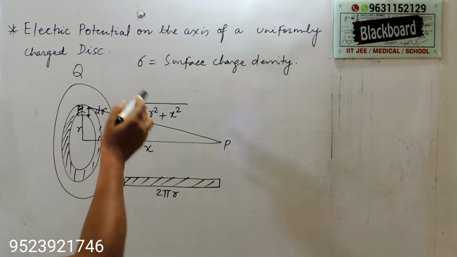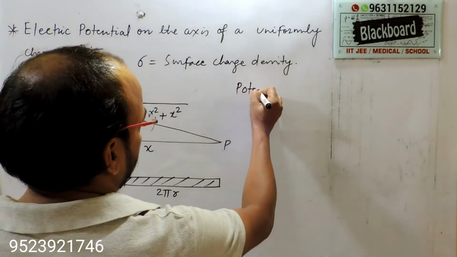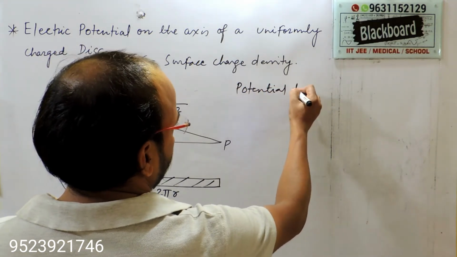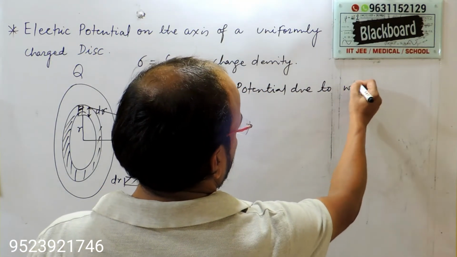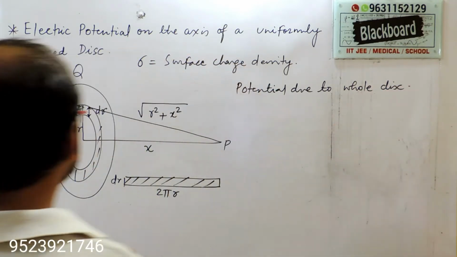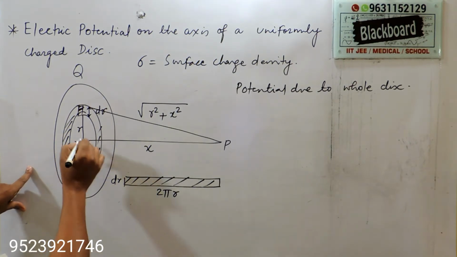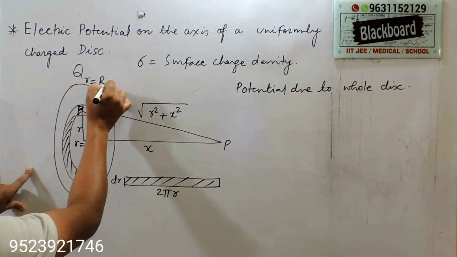Now the potential due to the whole disk is equal to the integration of all rings, with radius r equals 0 to r equals r.